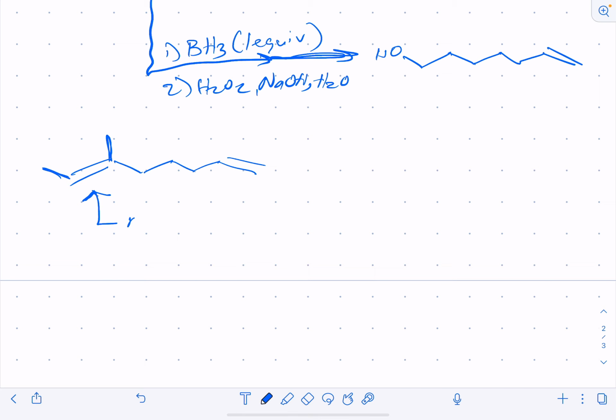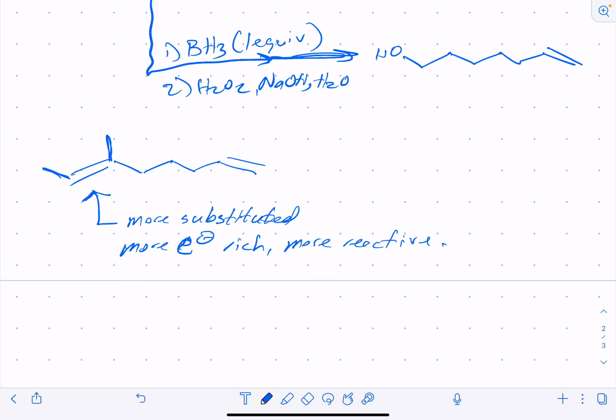That more substituted double bond is also more electron rich. And what that means is it's more reactive. So in cases like this where the diene system is differentially substituted, if I carefully control the equivalence of the material that I'm reacting it with, I can preferentially react one over the other.